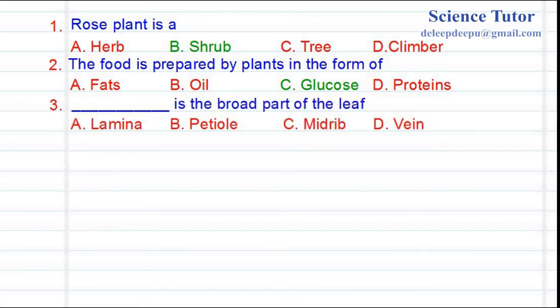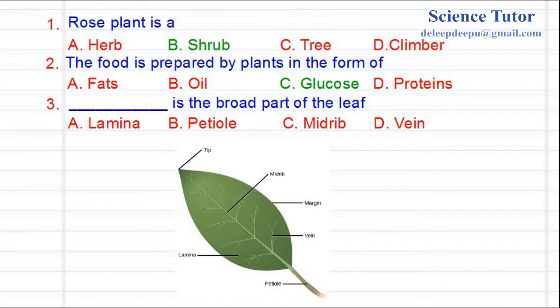Now we can move to the third question. Dash is the broad part of the leaf. There are four options. First is the lamina, second is the petiole, third the midrib, and the last option is vein. So look at this figure. You can see this part, which is the broad part of the leaf, marked as the lamina.